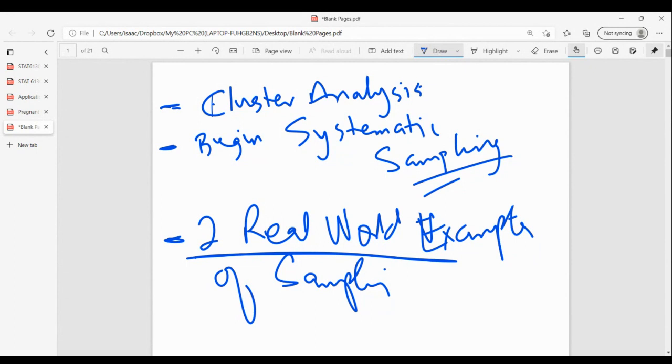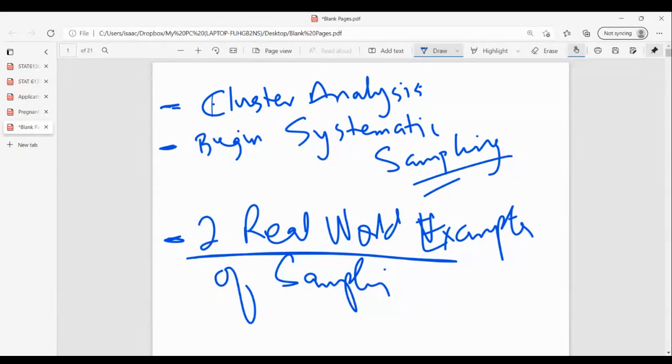So you won't know if it's cluster analysis, you won't know if it's stratified, you don't know anything basically. But after the person describes the problem, then you will get a sense of the direction in which we are heading, or a general idea.